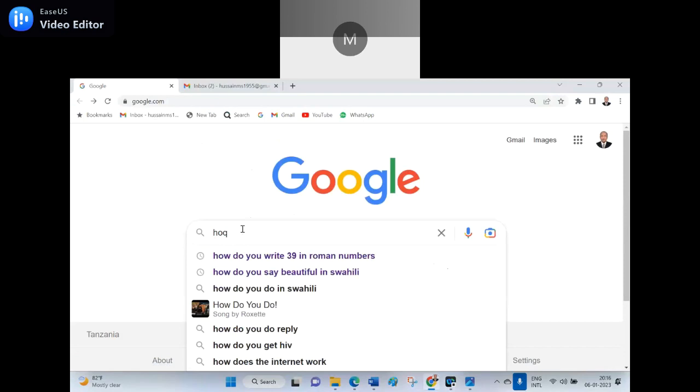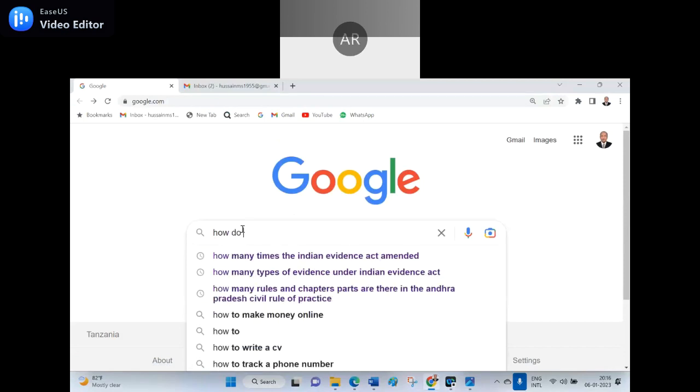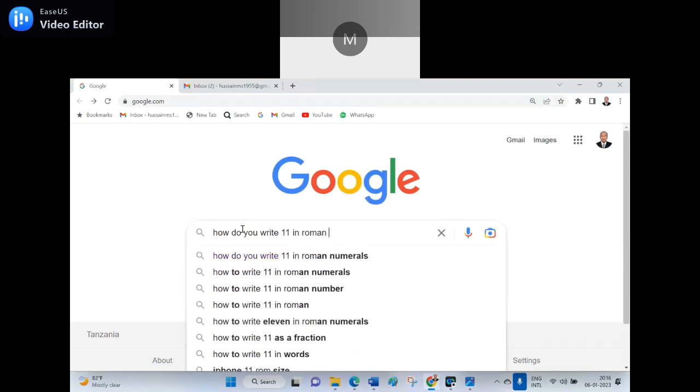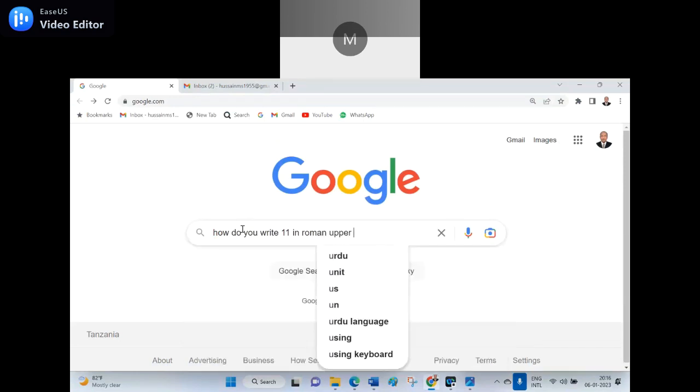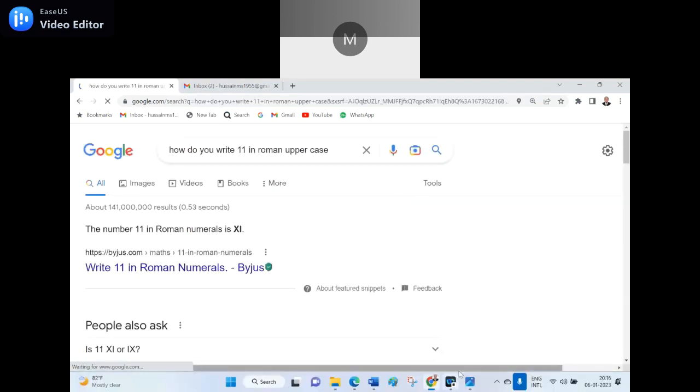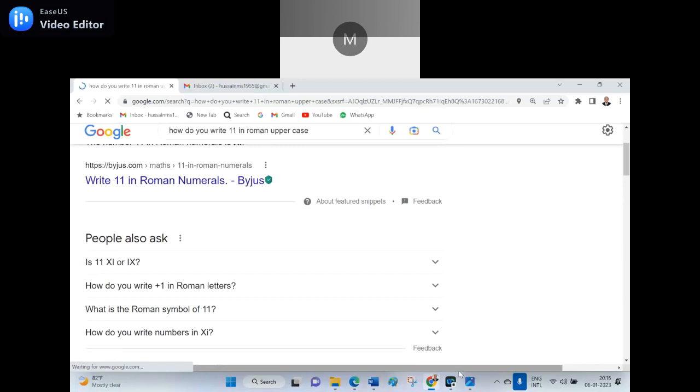How do you write 11 in Roman capital, uppercase? I will show you now. Did you see it? XI. Which one is correct among them? No one is correct.